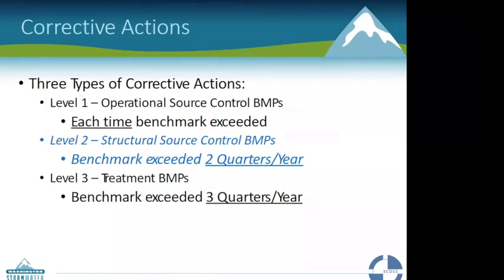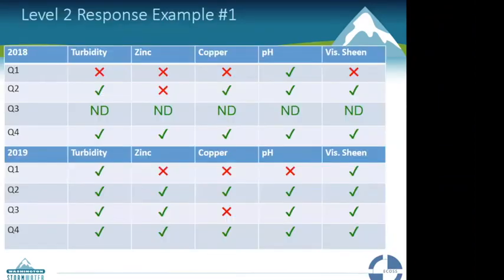Okay, so now you have the same benchmark exceedance twice in a year, 2 quarters in a year. So you have to implement some form of structural source control BMP. Here's an example. In 2018, you have 2 zinc exceedances. In 2019, you have 2 copper exceedances.